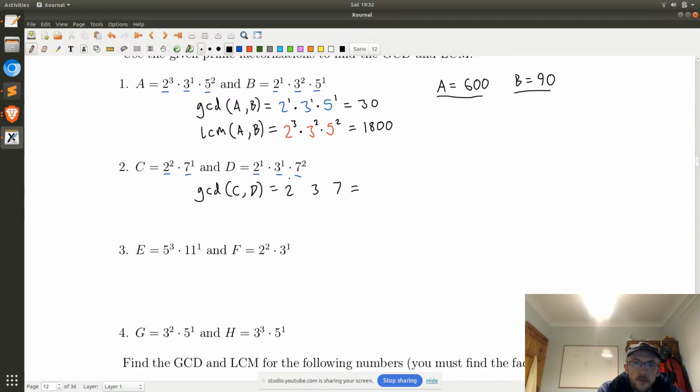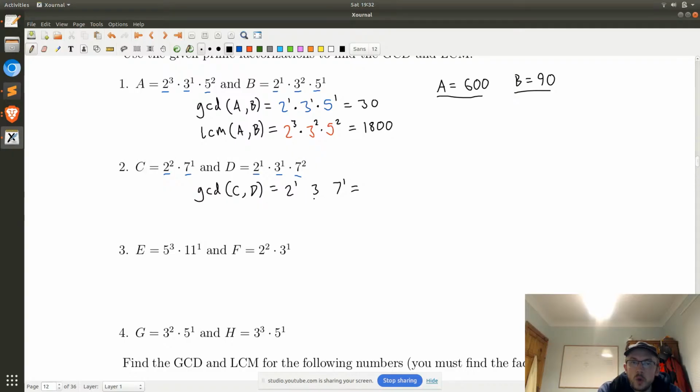And now you have to find out what powers 2, 3, and 7 actually have. So who has the lowest power of 2? It would be this guy. So I put a 1 there. Who has the lowest power of 7? It would be this guy, C, and it has 1.